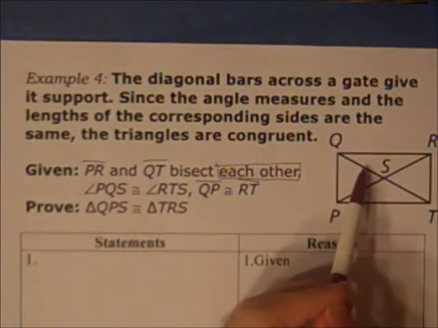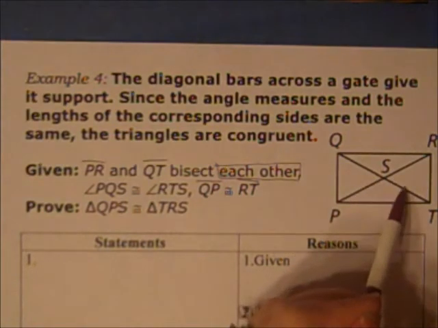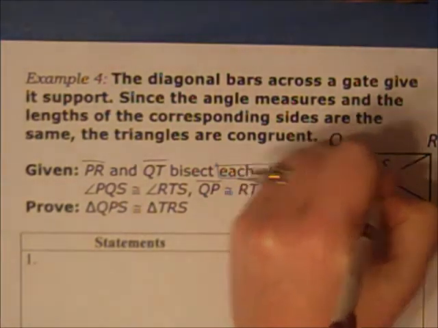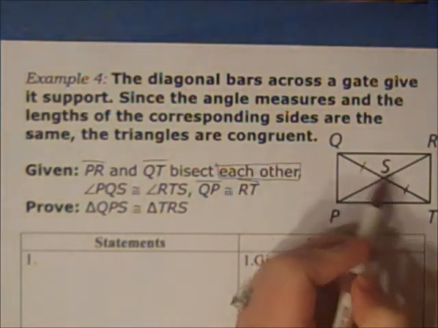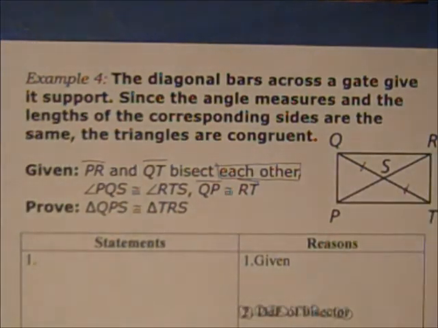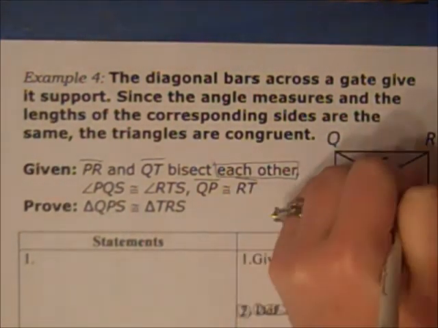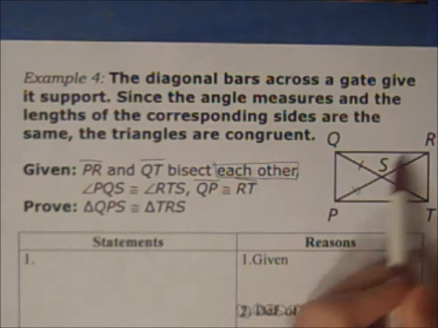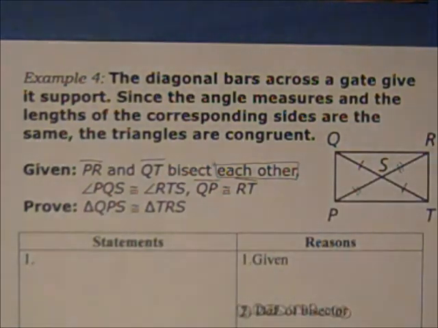That does not mean all 4 of these are equally congruent. Maybe they are, maybe they aren't, I don't know, and I don't want to spend the time proving it, but I know that QS is congruent to ST because QT was bisected. I know that PS is congruent to SR because PR was bisected. So I'm going to label that like that, and I'll prove that in a second.